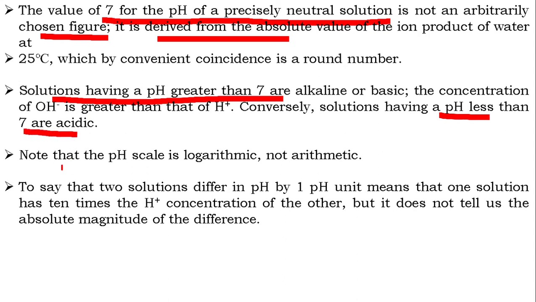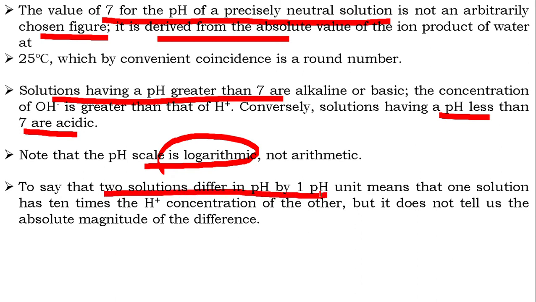Remember, pH scale is a logarithm scale and not arithmetic. So when we say that two solutions differ in pH by 1 pH unit, means that one solution has 10 times the concentration of protons compared with the other. And we don't know anything about the absolute magnitude of the difference.